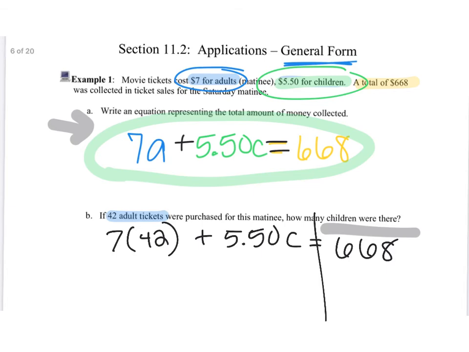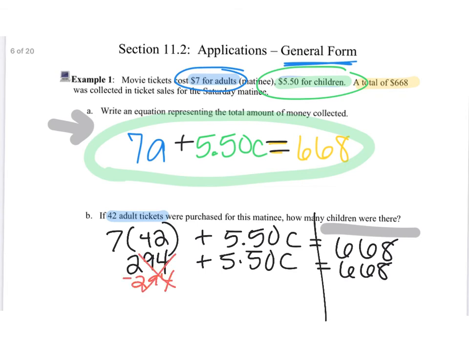We can do 7 times 42 and get 294. And then to solve that, we would subtract the 294. So it's just solving a basic equation now. 668 minus 294 is 374.